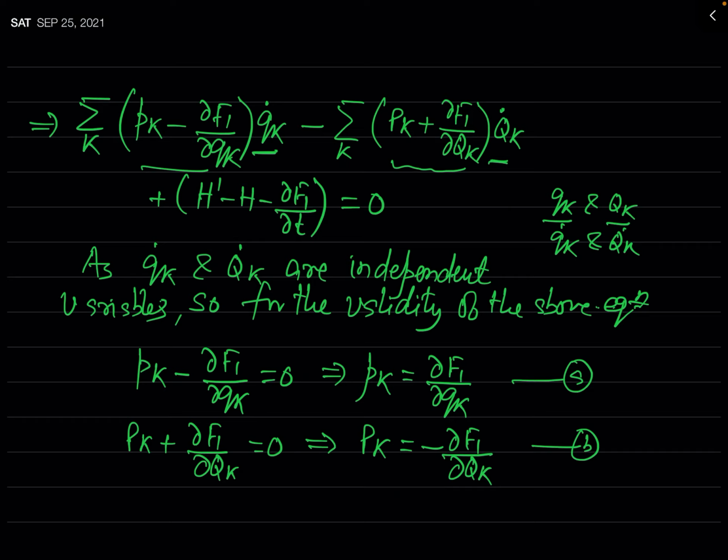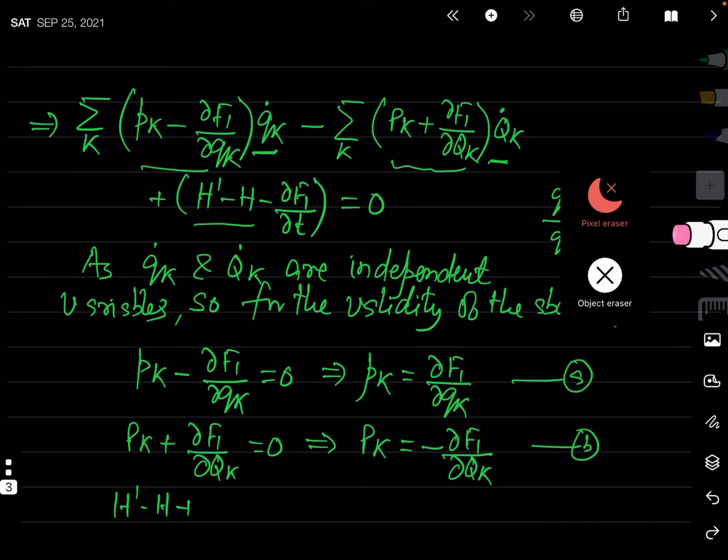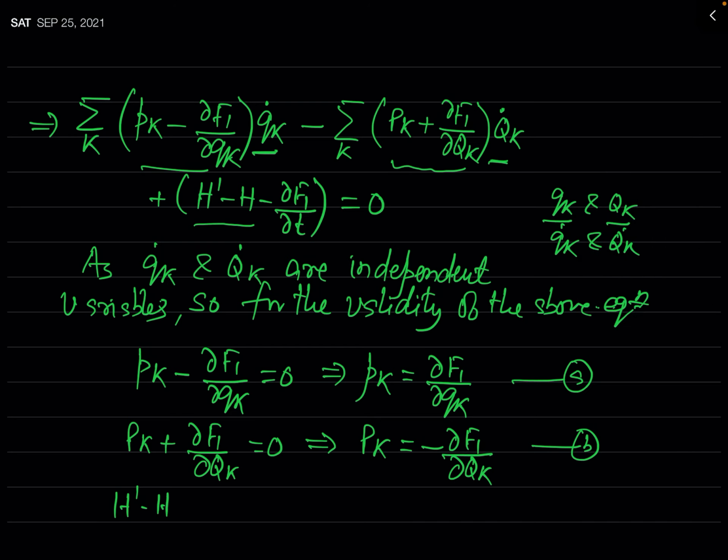Now equate the last term to 0 also, because if all these terms are separately 0, only then the 0 in the RHS will hold. So we can also equate to 0 the last term. In this condition you can see that H prime minus del F1 by del T, not plus, this is minus del F1 by del T, will be equal to 0.